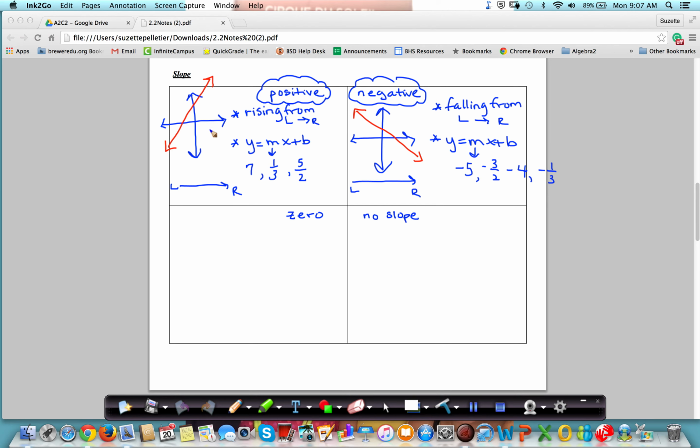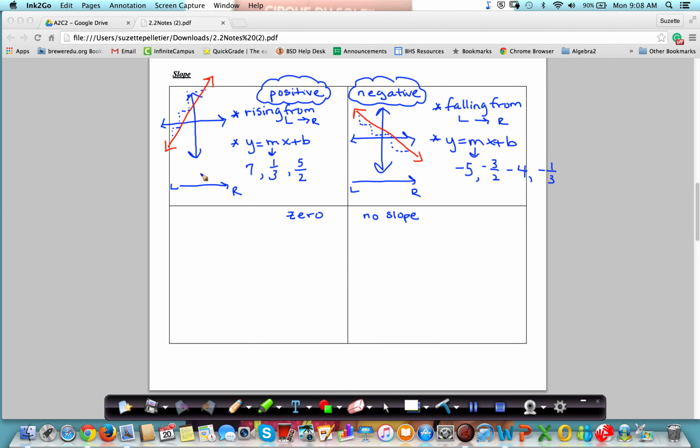So what's important to remember about positive and negative slope is if it's a fraction and it's positive, you're rising some and you're running to the right. This one is falling and running, falling and running.